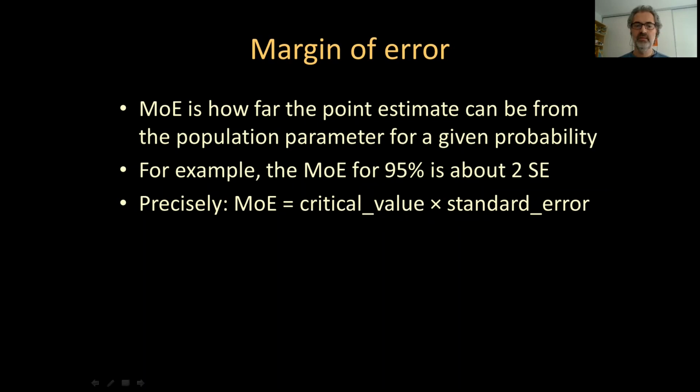It's going to be less for the normal distribution and more for the t-distribution, especially with smaller samples.